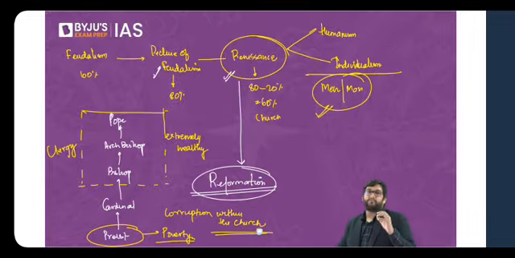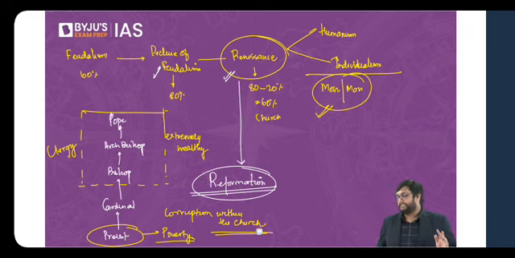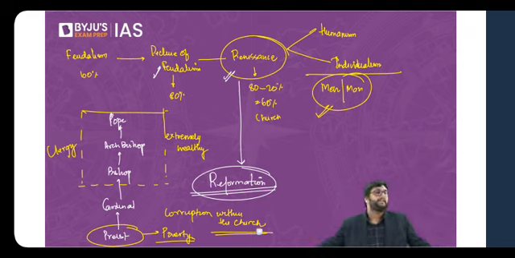But there was one practice which was extremely shady within the papacy, or within the clergy or within Christianity at this point of time. And it's called the sale of indulgences. I'll give you a very simple example and you will automatically understand what it is.